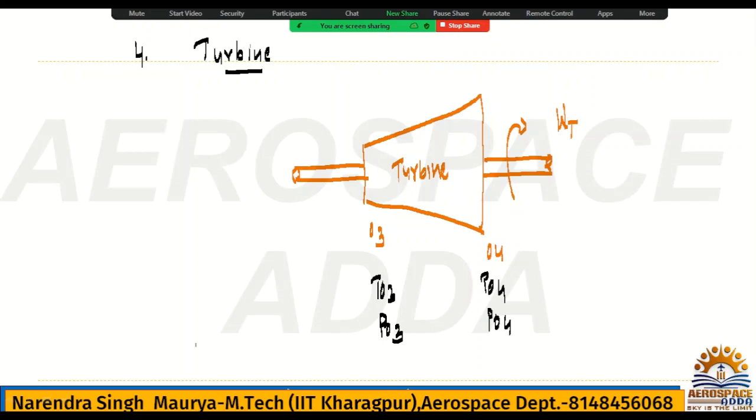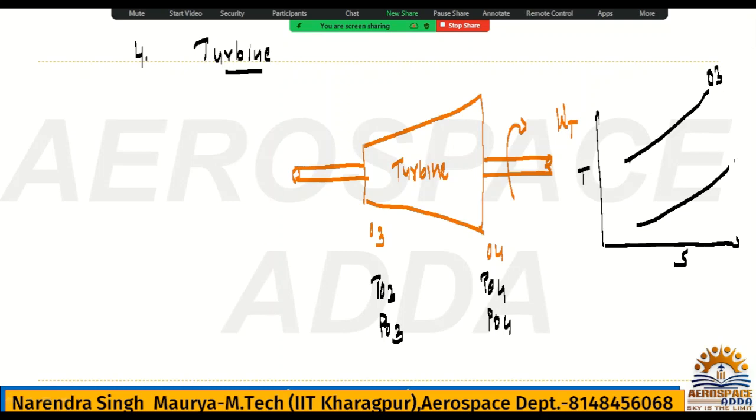For this turbine, I will draw the TS plot. So turbine is the expansion device. Okay, in this turbine what will happen? Pressure and temperature will fall. So that means Not 3 will be higher than Not 4. So I can say this is the Not 3. And in the full scale TS plot I had drawn for the engine, this was the Not 3 and this is Not 4.